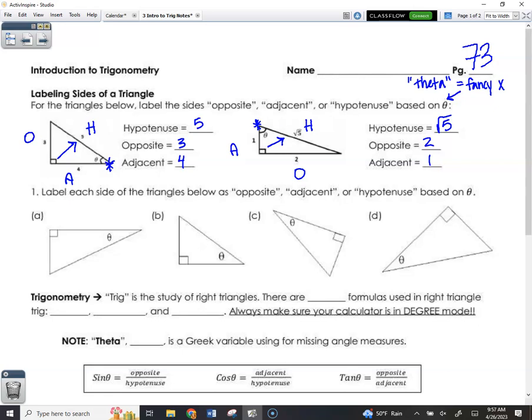They switched. Okay, so looking through it, we should have labeled H first, then O, then A.